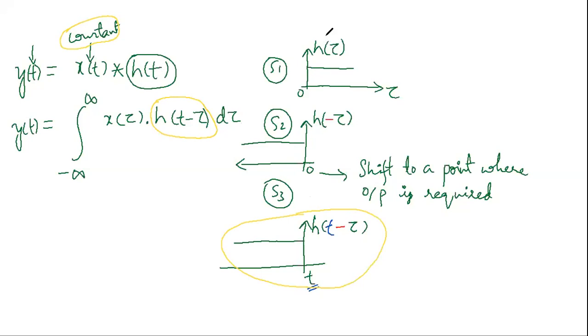Step one is to write the signal in terms of tau, then take negative tau, that is flip it vertically, then shift that signal to a point where the output is required. Output is required at t. Thereby the other waveform changes to h of t minus tau.